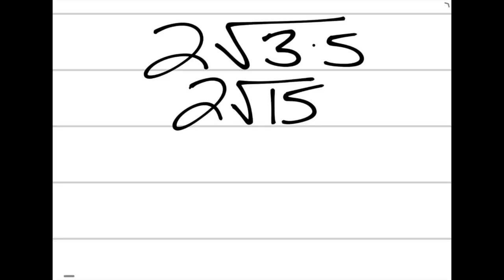Once I simplify everything, that means I'll be multiplying all the numbers on the outside and all the numbers on the inside of the square root. So since I do not have another number on the outside, it will just be 2, and then 3 times 5 will be 15. So the simplified answer of the square root of 60 is really 2 times the square root of 15.